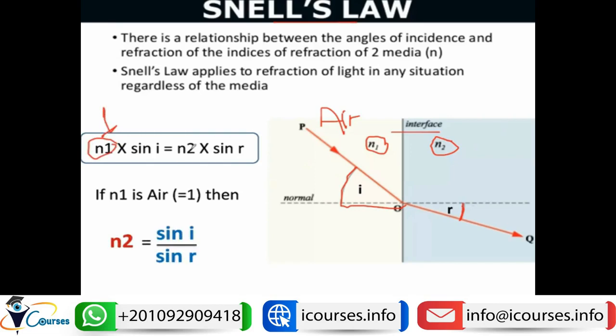So N2 will be equal to the sine of the angle of incidence divided by the sine of the angle of refraction. This is just simple math. I hope that you are good at math, because you will need this skill much in optics. So N2 equals sine I over sine R, which is the sine of the angle of incidence divided by the sine of the angle of refraction.